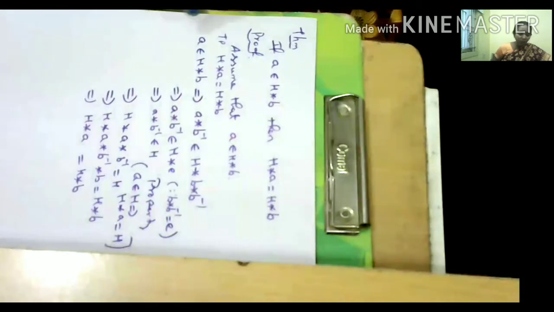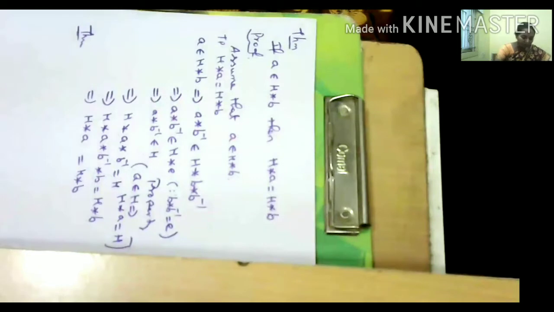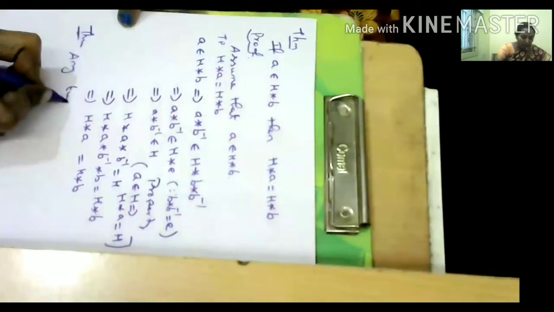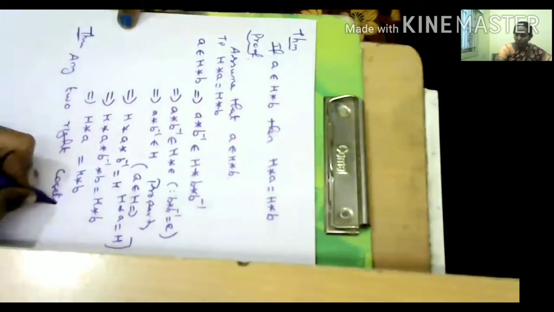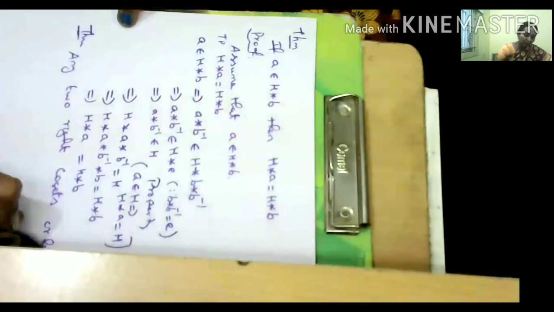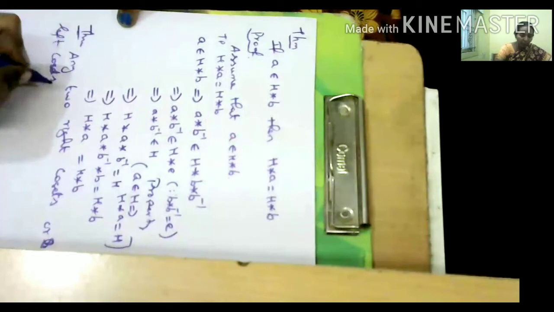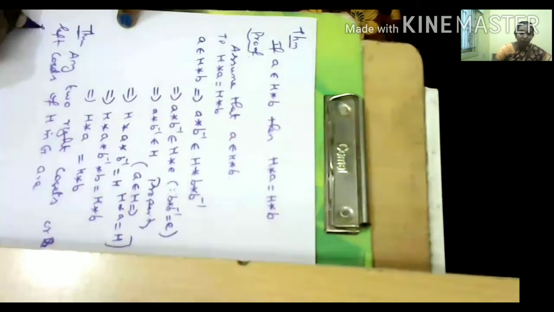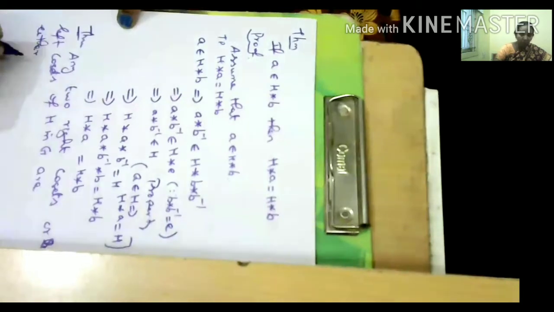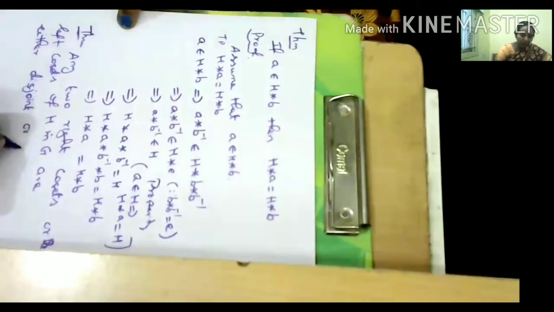Now the next theorem says: any two right cosets or left cosets of capital H in capital G are either disjoint or identical.